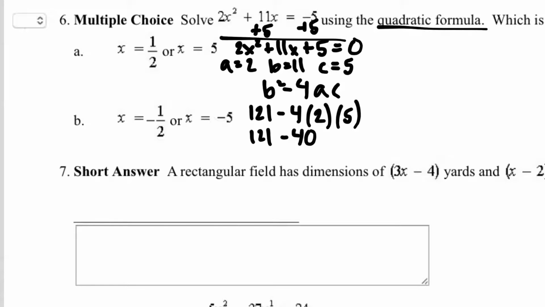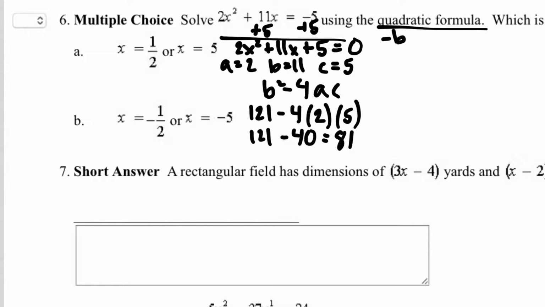Make sure you check the signs on this part, okay? It's negative 4 times positive 2 times positive 5 will give you negative, because it's negative times positive times positive. It's going to give you negative 40. Alright, so that 121 minus 40 gives me 81. That's my discriminant. Now I can go ahead and use the entire quadratic formula.